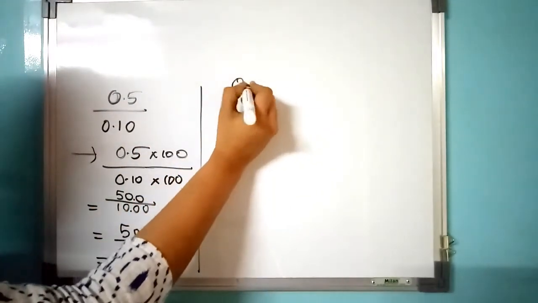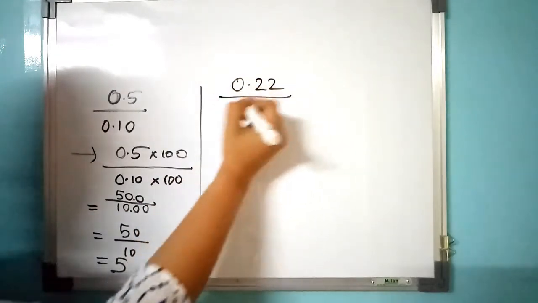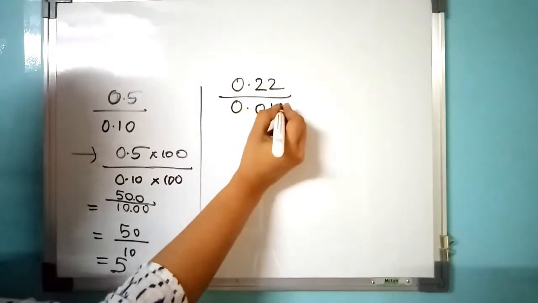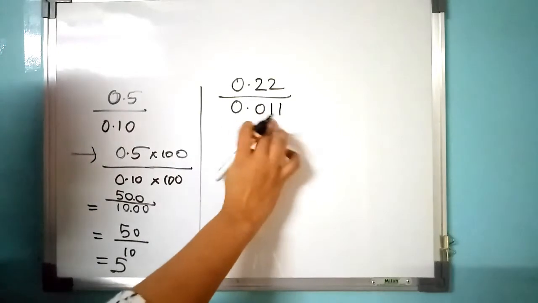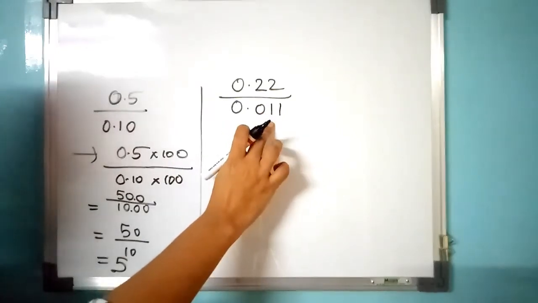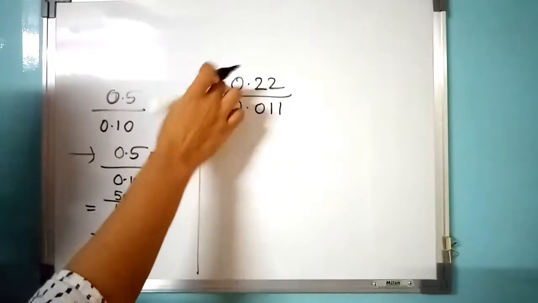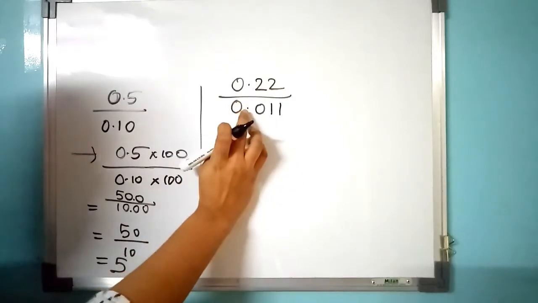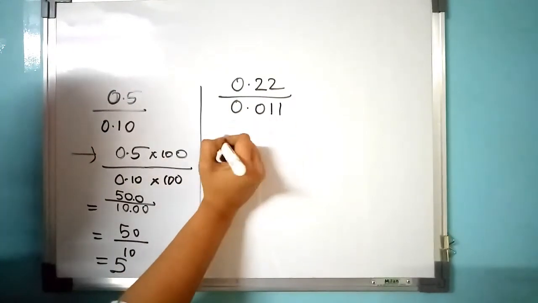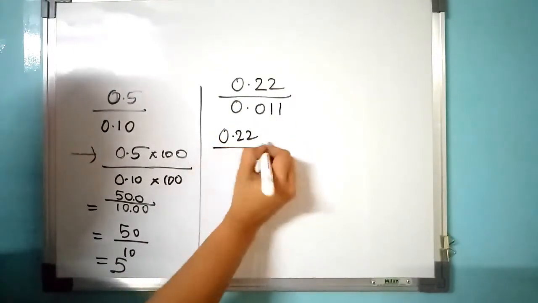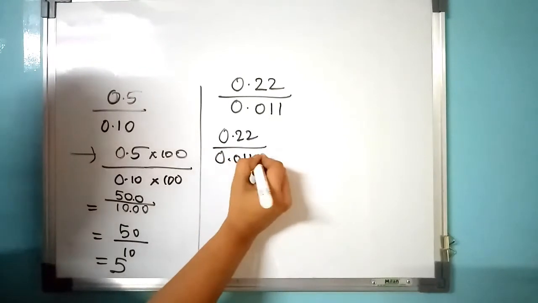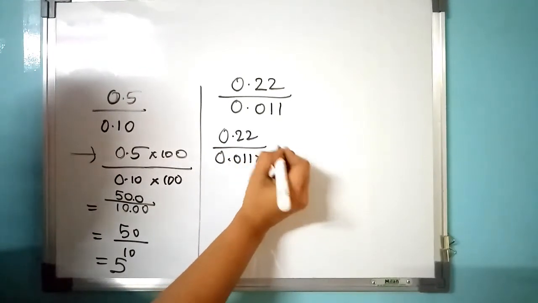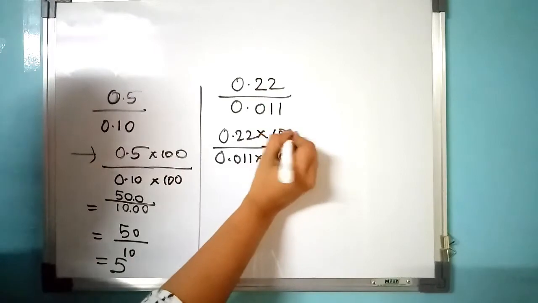Suppose the question is 0.22 divided by 0.011. As I said, multiply the denominator by 1000 and the numerator too. Why by 1000? Because after the decimal there are 3 digits. So 0.22 upon 0.011, into 1000 and into 1000.